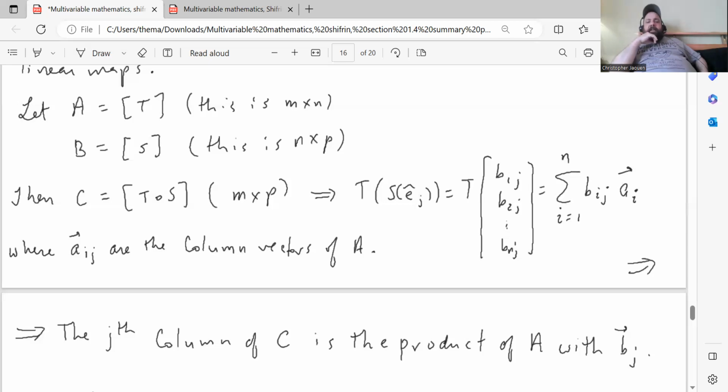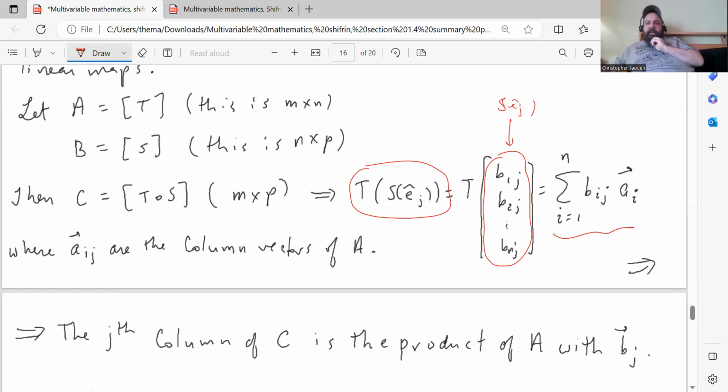So T of S of e_j hat is T evaluated at the vector S of e_j hat. Okay, and then just using the linearity that's equal to this.